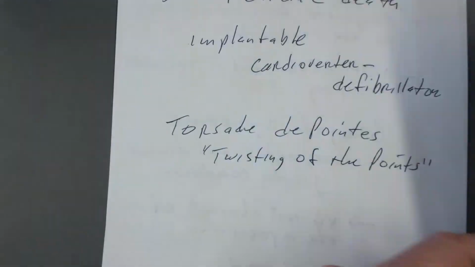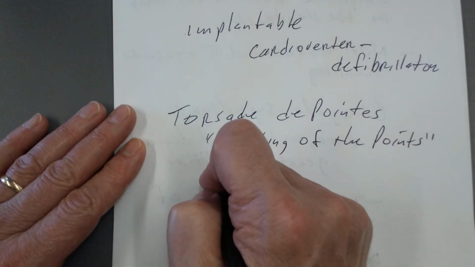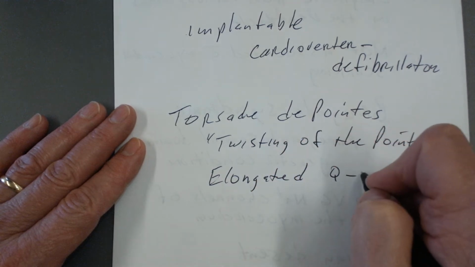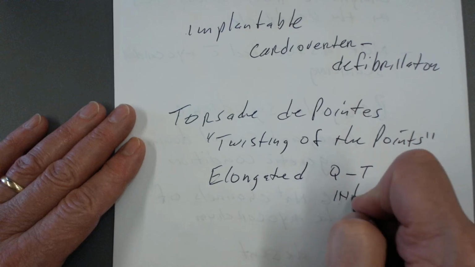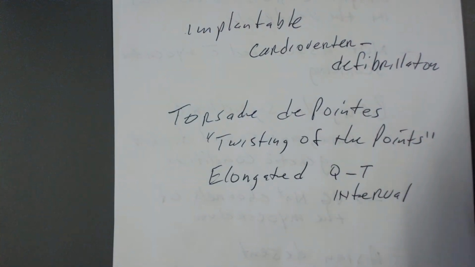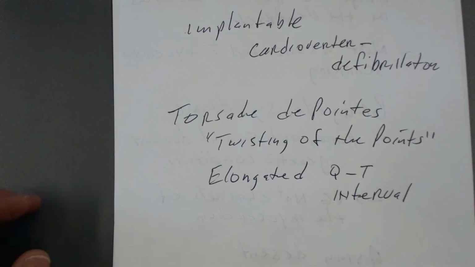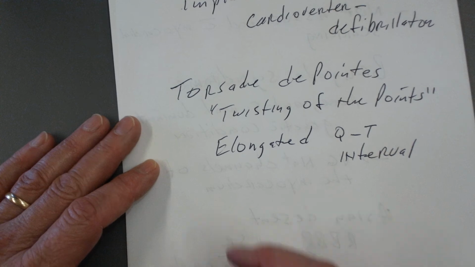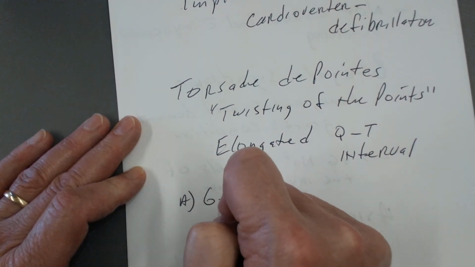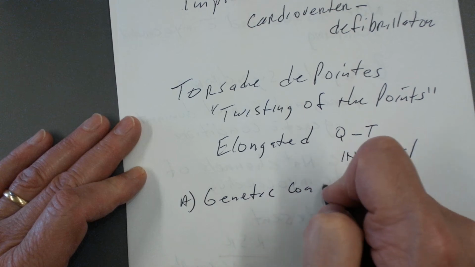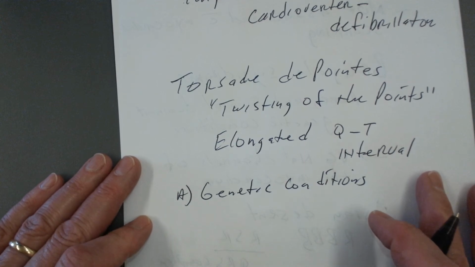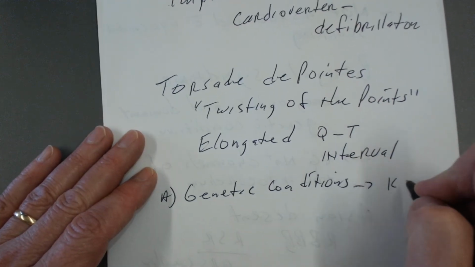This is seen essentially in individuals with an elongated QT interval. So anyone with an elongated QT interval is at a risk of developing Torsade de Pointes. And the things that can cause this, first of all, there are genetic conditions that can pre-expose you to this, most often ones that affect potassium channels.